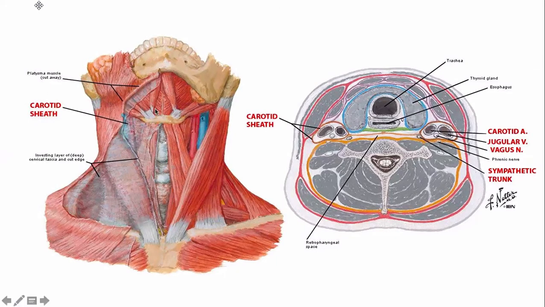So the sternocleidomastoid muscle covers or protects the internal jugular vein and the carotid vessels. This is the cross-section of the neck. The sternocleidomastoid muscle protecting the internal jugular vein and the carotid artery. And posteriorly located is the vagus nerve.